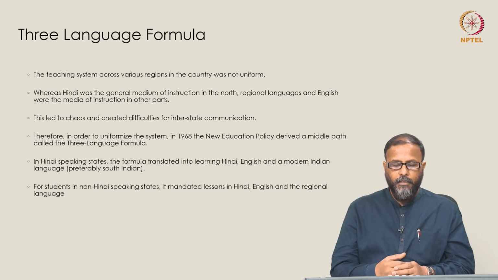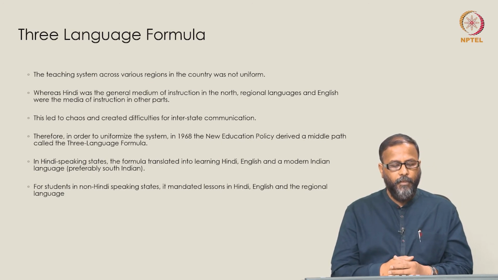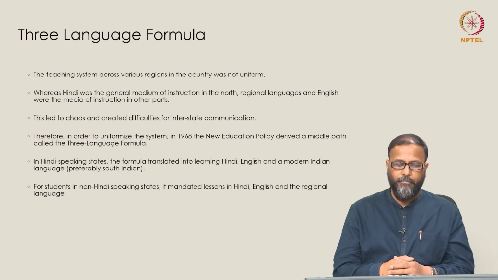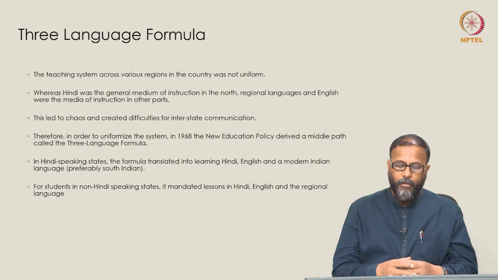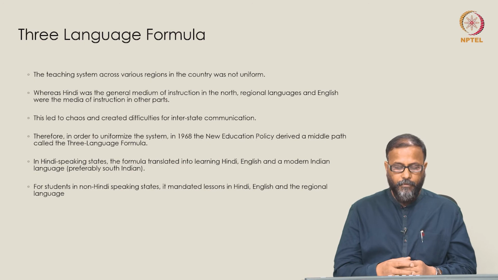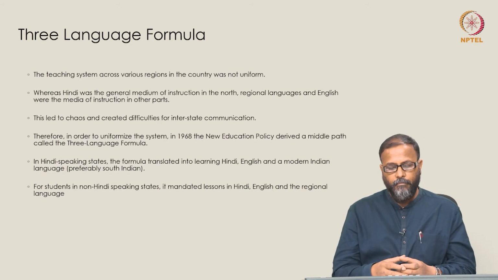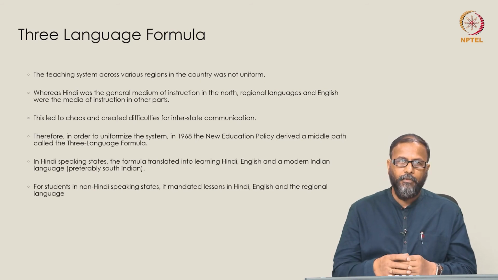Whereas Hindi was the general medium of instruction in the North, regional languages and English were the media of instruction in other parts of the country. This led to chaos and created difficulties for interstate communications. Therefore, in order to draw uniformity in the system, in 1968, the new education policy derived a middle path, and in that this three language formula was a very important factor.